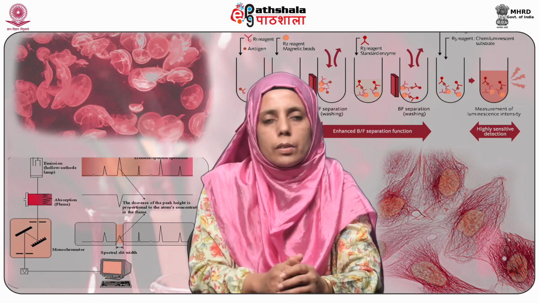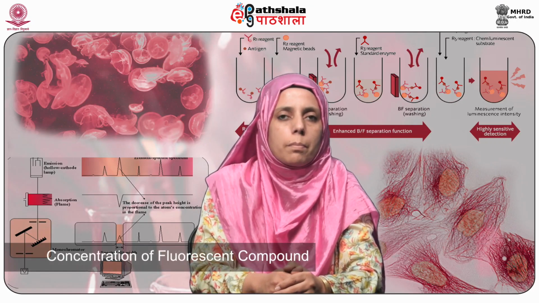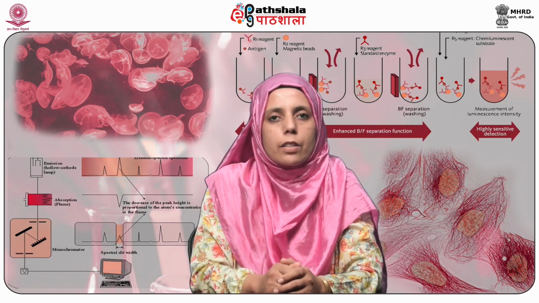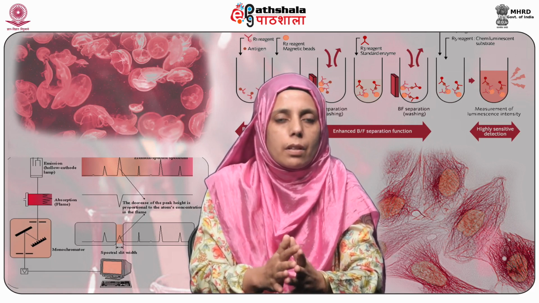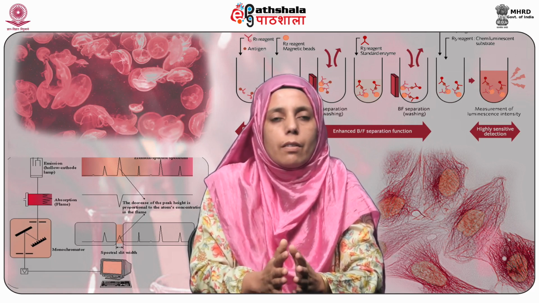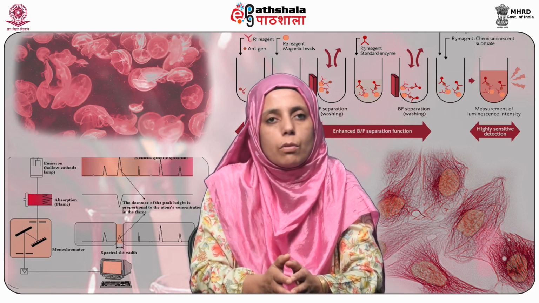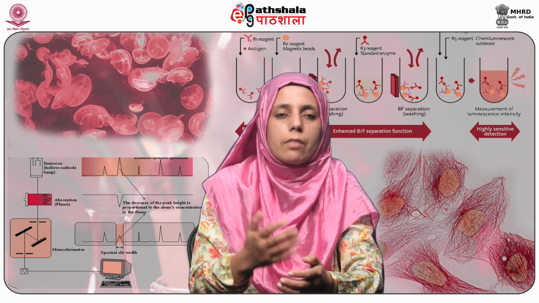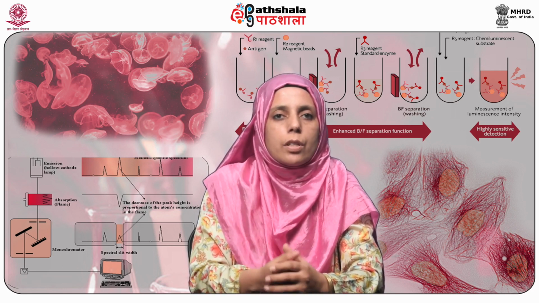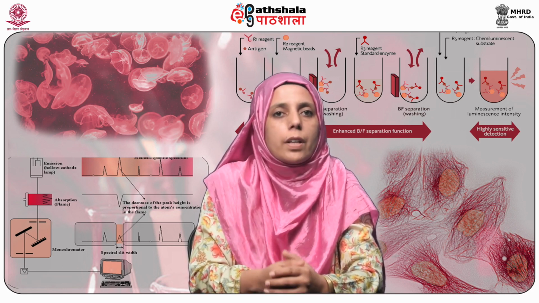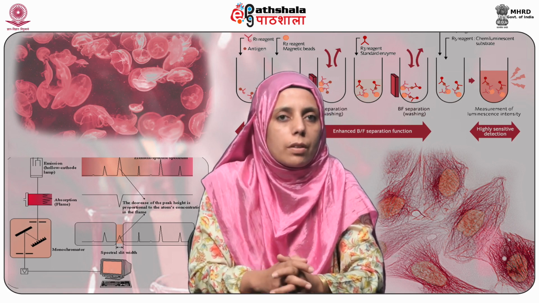Concentration of fluorescent compounds and their effect on chemiluminescent systems. We all know that for any reaction we need reagents, and we also know that the concentration of the reagent will have different effects. So the concentration of fluorescent species does affect the light emission from chemiluminescent reactions.